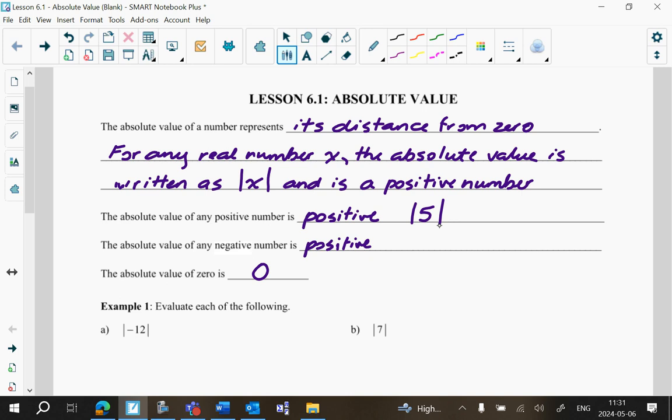It's 5. If I ask you the absolute value of negative 5, I'm asking you how far is negative 5 away from 0? The answer is also 5. So whenever we take the absolute value of something, as long as it's not 0, it's always going to be a positive number.